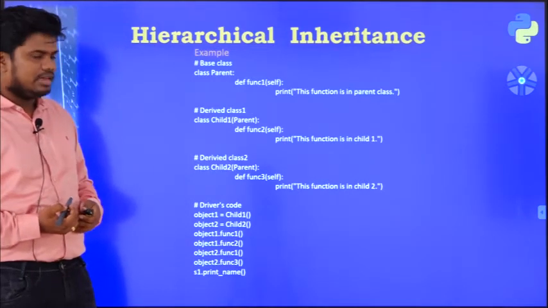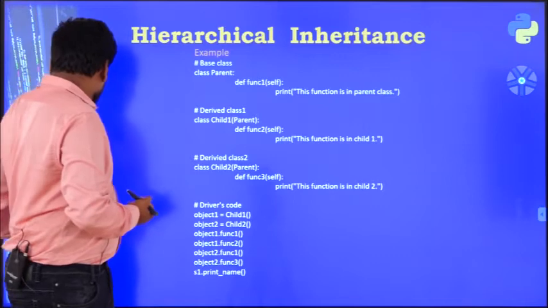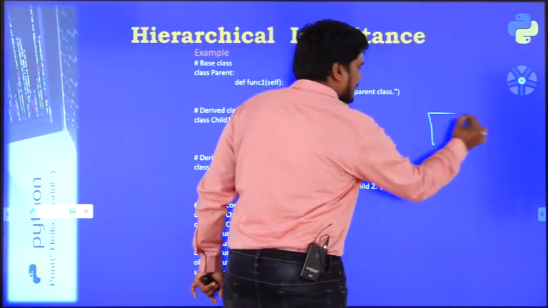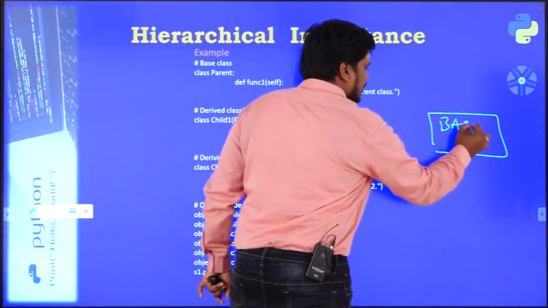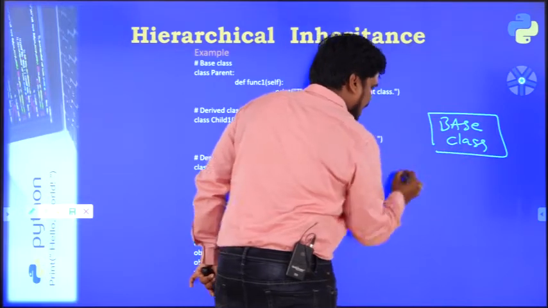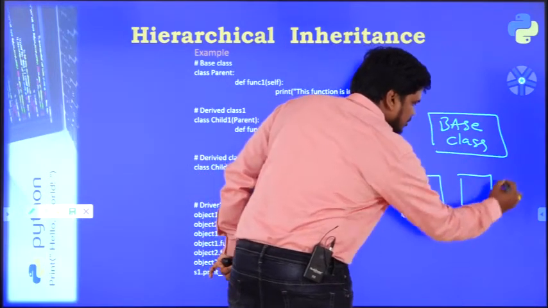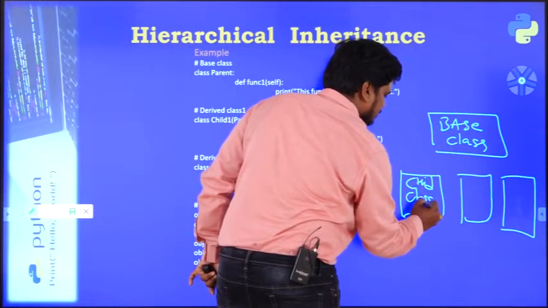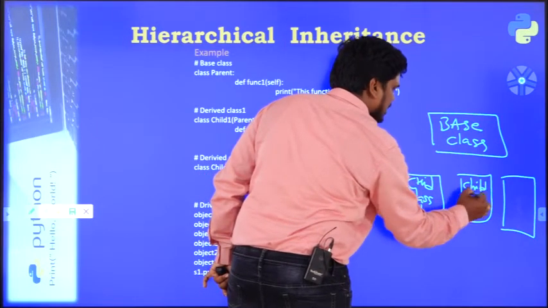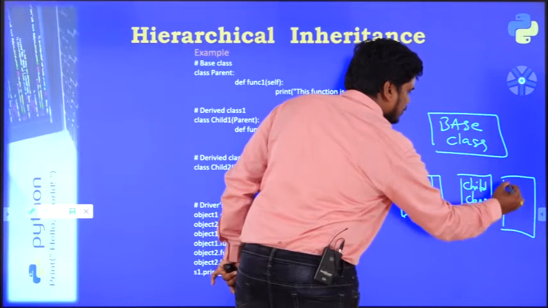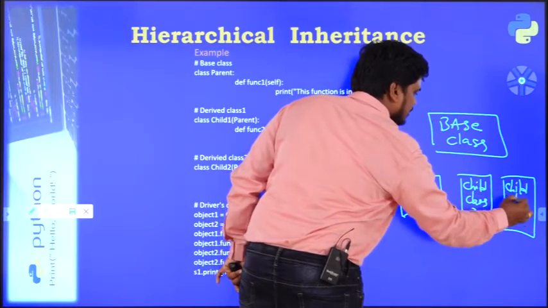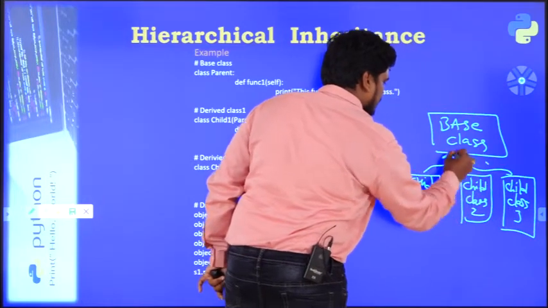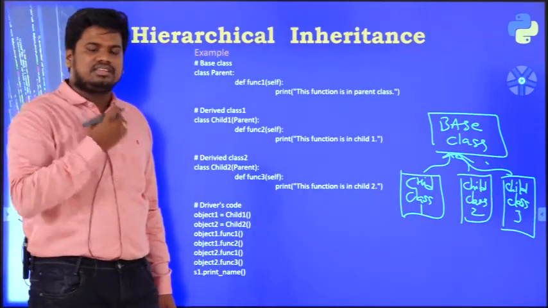In hierarchical inheritance, the important thing we have to remember is that we will have one base class, and a number of child classes: child class 1, child class 2, child class 3. So it will have an inheritance like that.